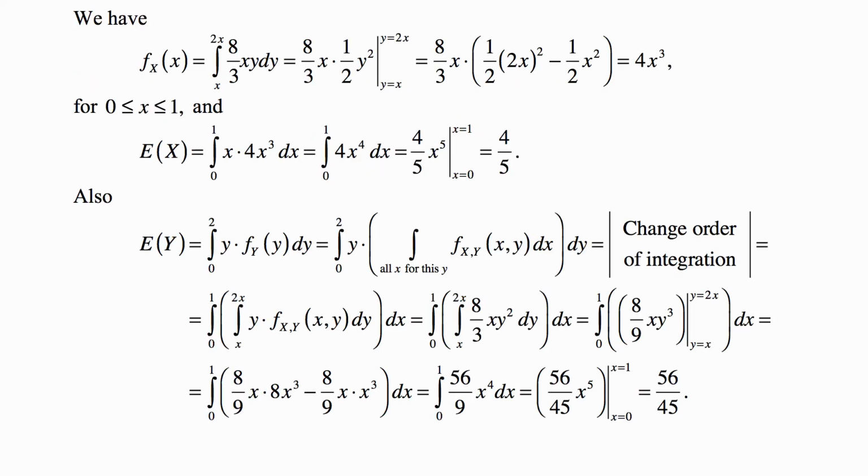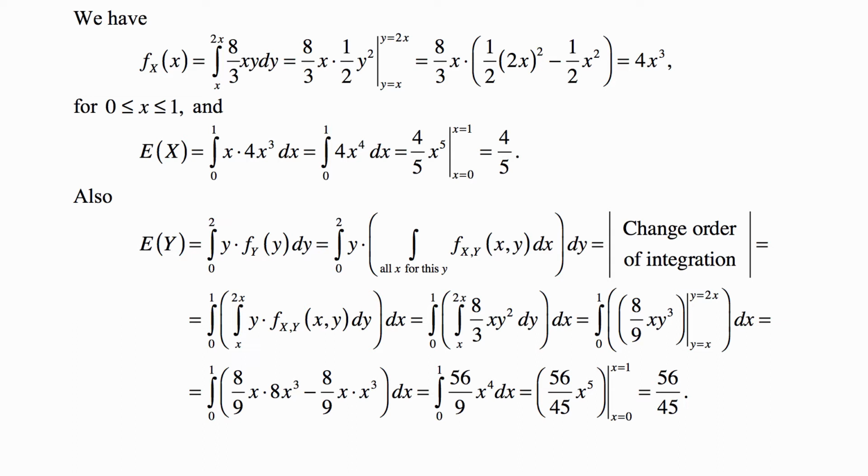Okay, so we calculate first the marginal density of x. That's the integral over all possible values of y for a given value of x. The values of x where we get positive density are only between 0 and 1, and for any specific x, y runs between x and 2x. So we take the integral from x to 2x of the joint density, 8/3 xy, with respect to y.